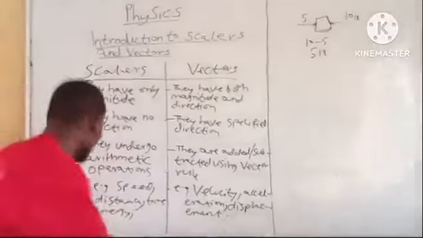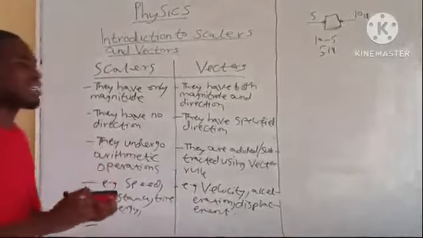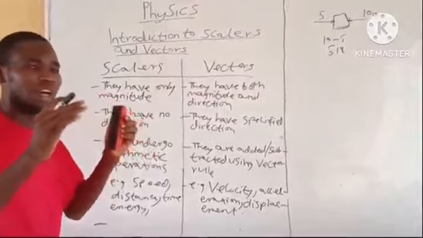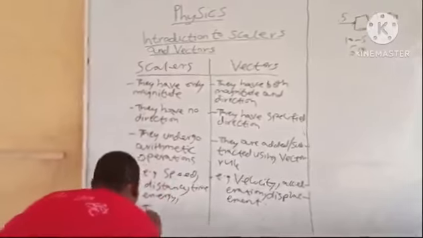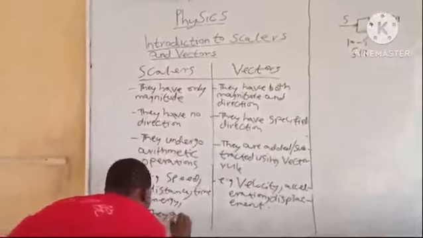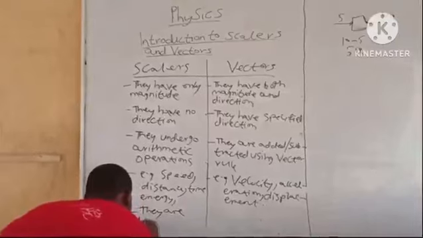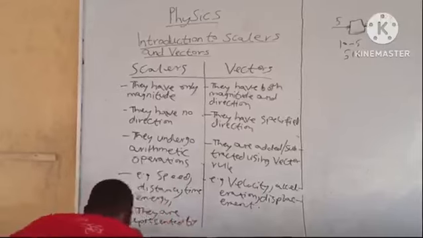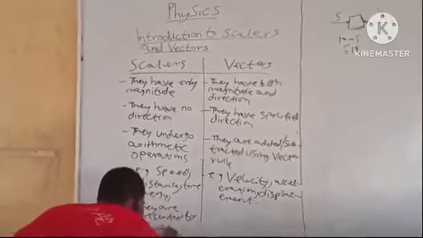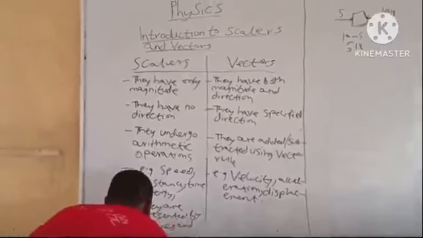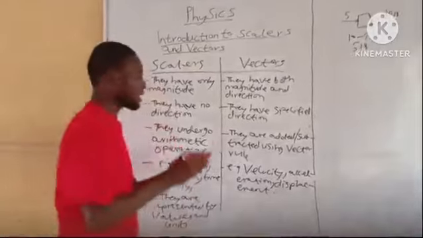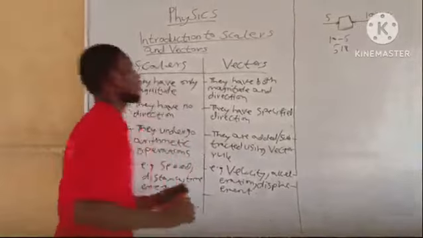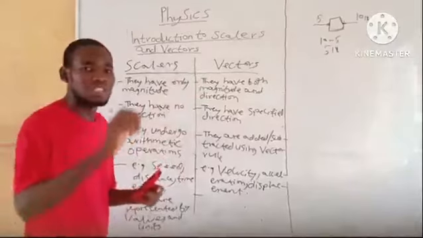Another difference there is that scalar quantities are represented by values and units, while vector quantities are represented with arrows.